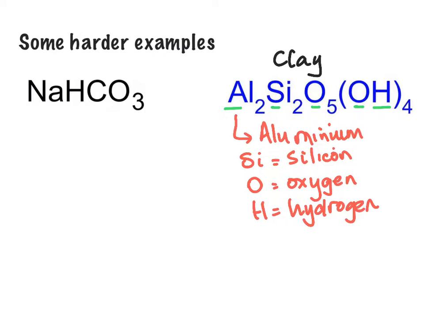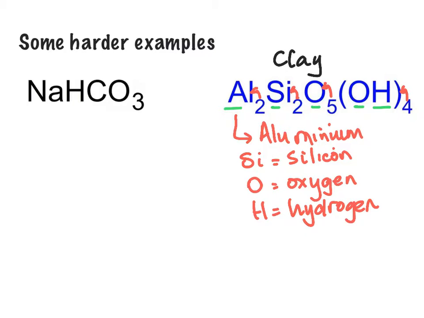So there are 4 elements involved, but let's look at the ratios. This gets tricky. The reason it gets tricky: we've seen before that when it's behind, those 2 apply to that thing, those 2 apply to that thing, those 5 apply to that thing. These 2, like in math, apply to everything. When you've got the bracket, they do everything in the bracket. So there's 4 O's and 4 H's.